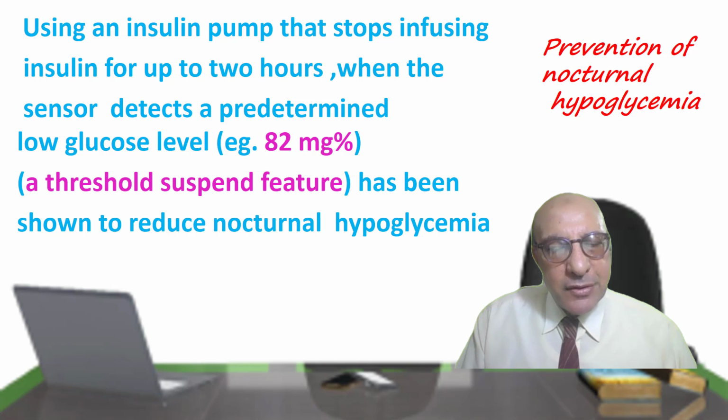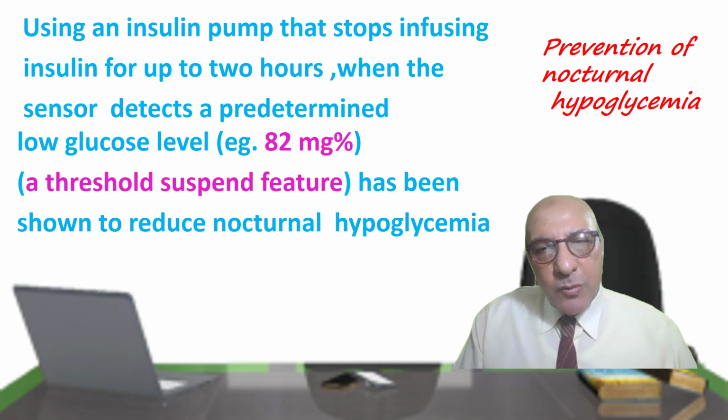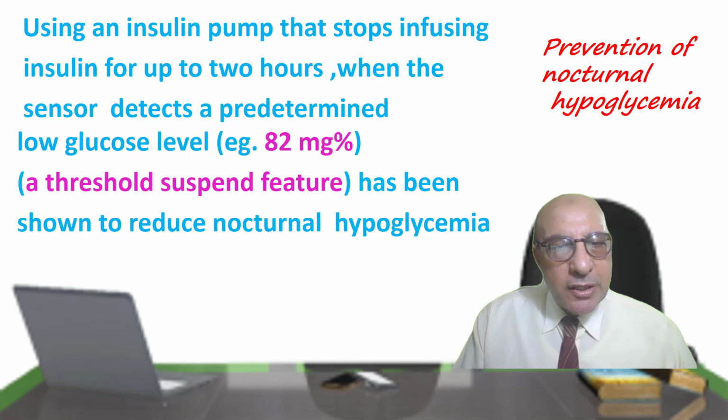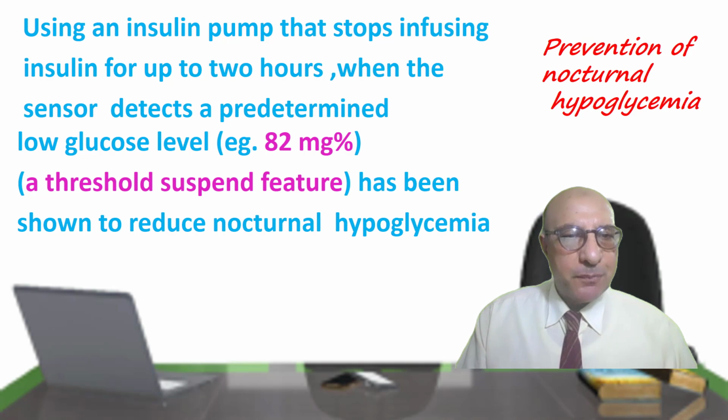For example, if the sensor detects blood sugar is 82 mg/dL, it will stop the insulin pumping to the blood of the patient, simulating what happens with endogenous insulin, suppression of the secretion. This is what we call the threshold suspend feature of the insulin pump, and it was actually found that this method will reduce nocturnal hypoglycemia.